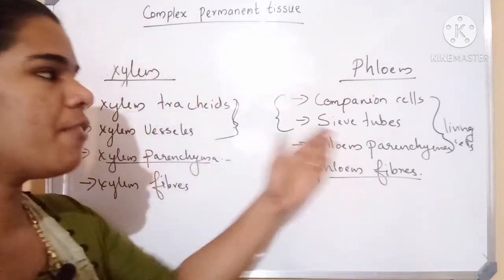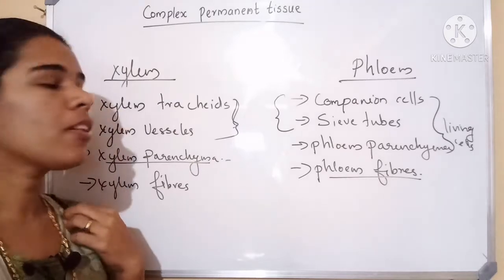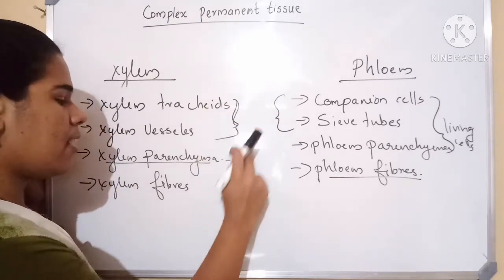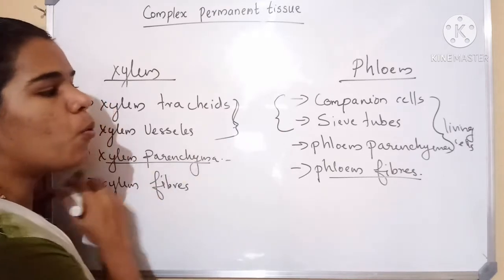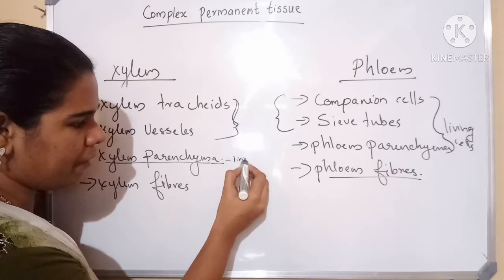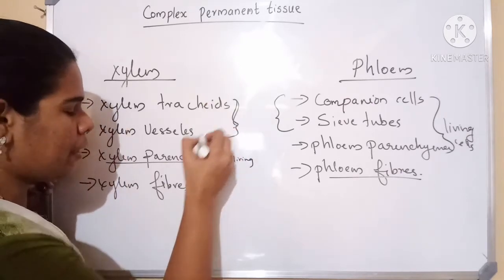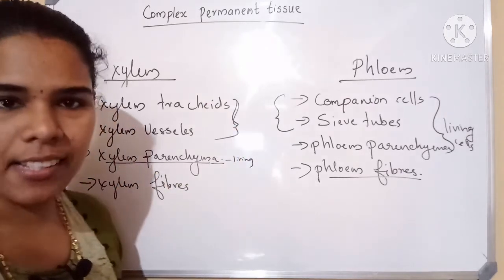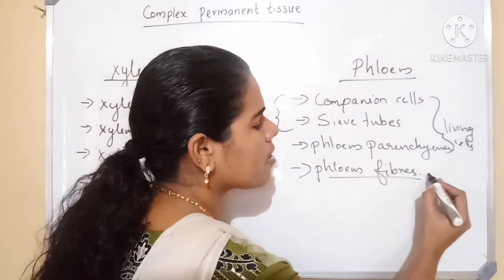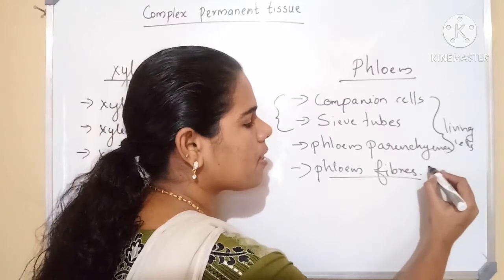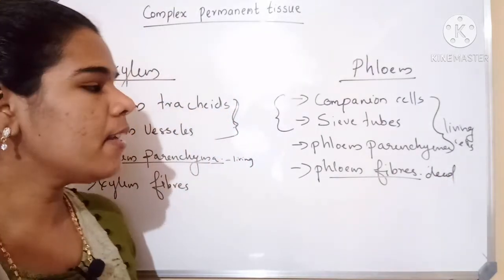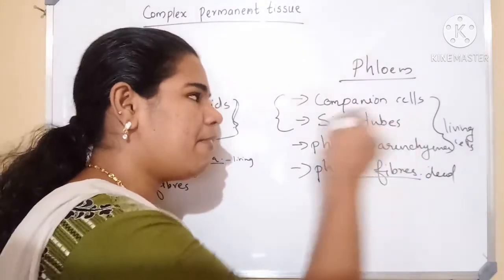So what is the difference between xylem and phloem? In the case of xylem, only the xylem parenchyma is living. The remaining three are dead cells. But in the case of phloem, only the phloem fibers are dead cells, but the remaining three are living cells.